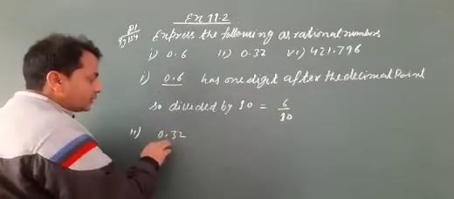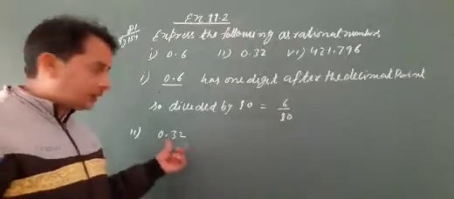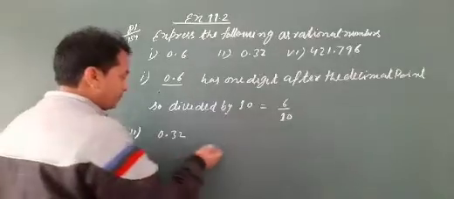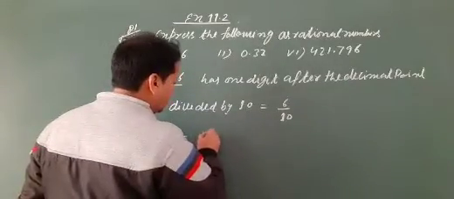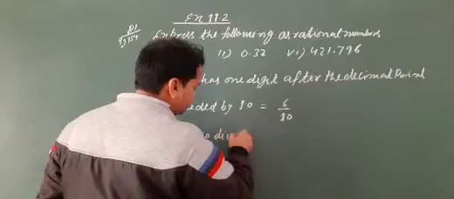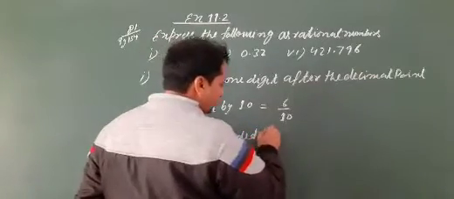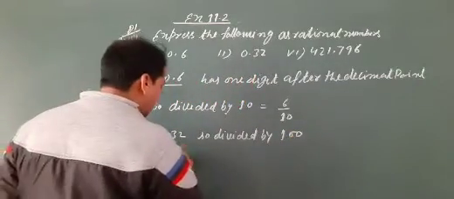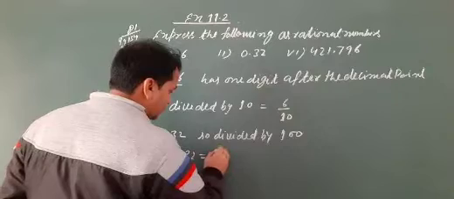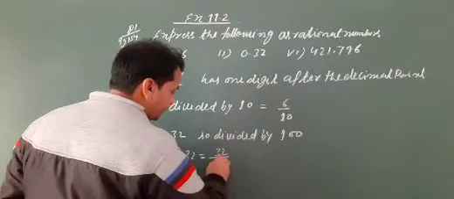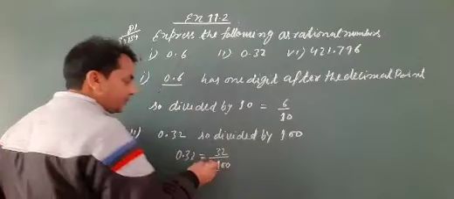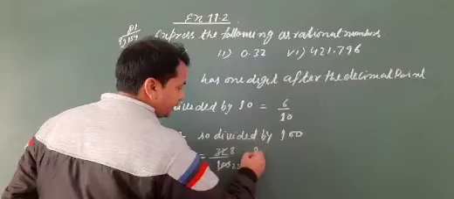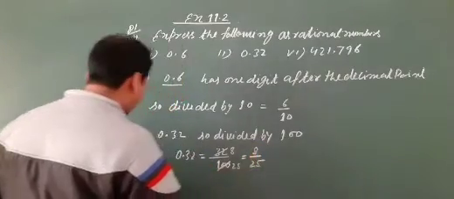After the decimal point there are 2 digits, so we divide by 100. So 0.32 equals 32 by 100. Then we can write it as 8 by 25.